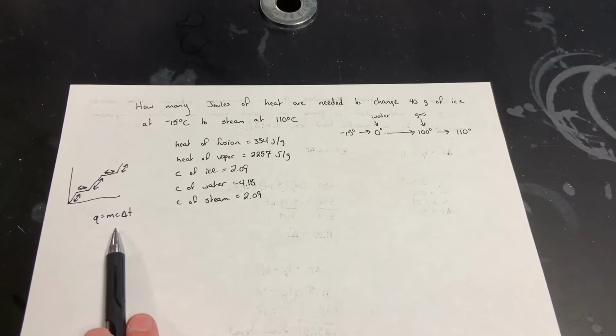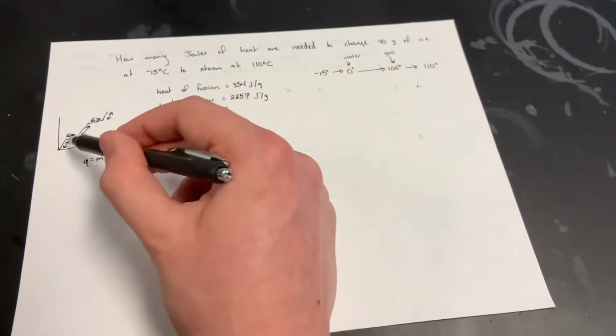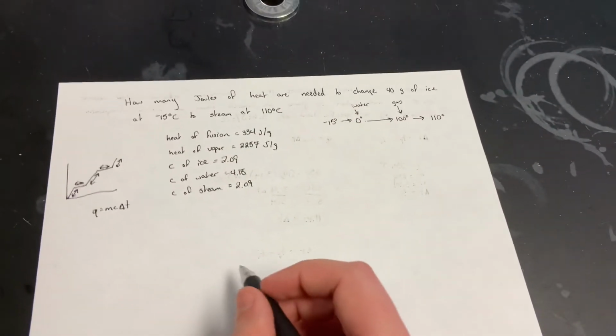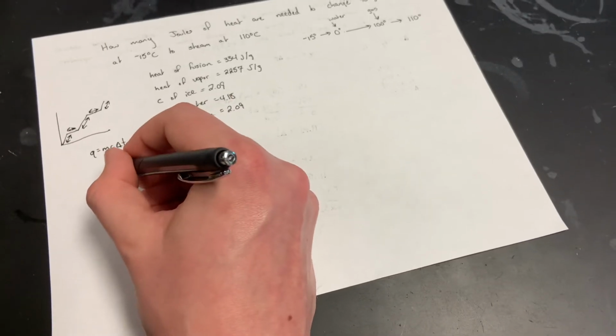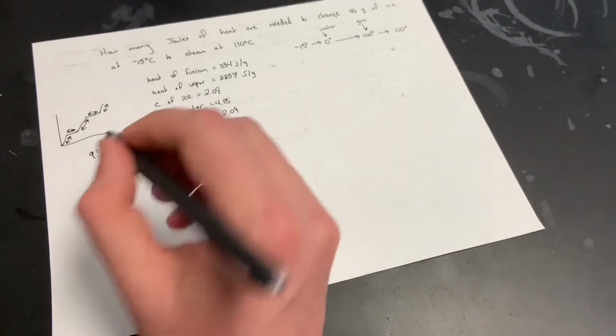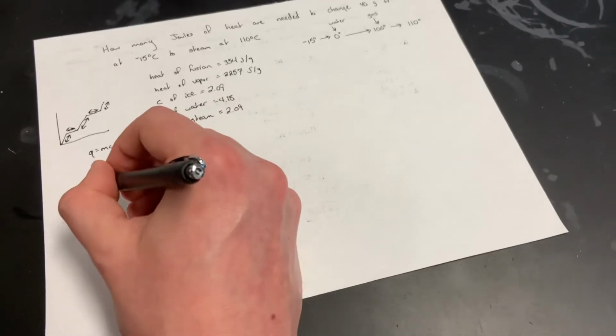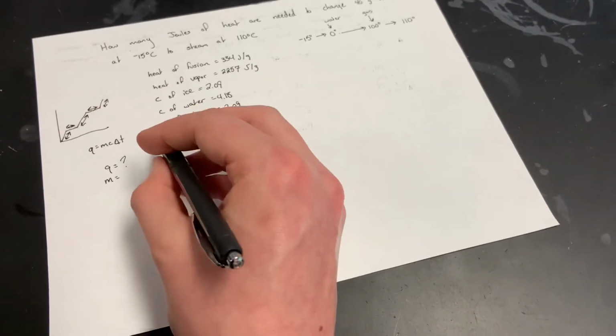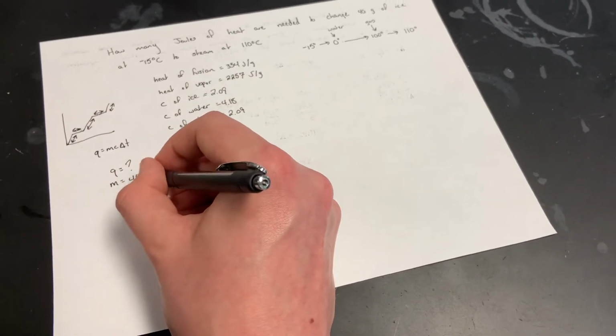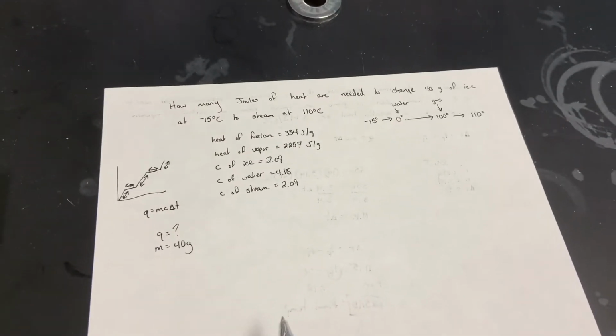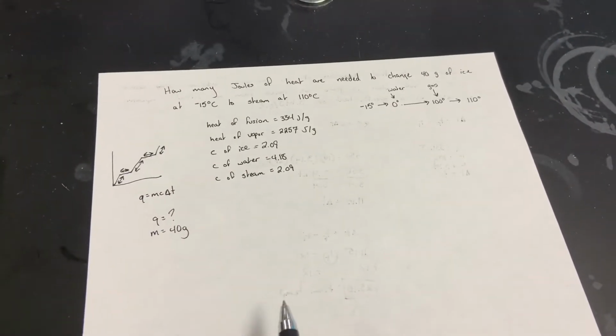So first, we have to do MCAT, because we're at this point right now. So we're looking for joules in all of them. That's our unknown. Our mass is always going to be 40 grams because we're not magically getting rid of anything.